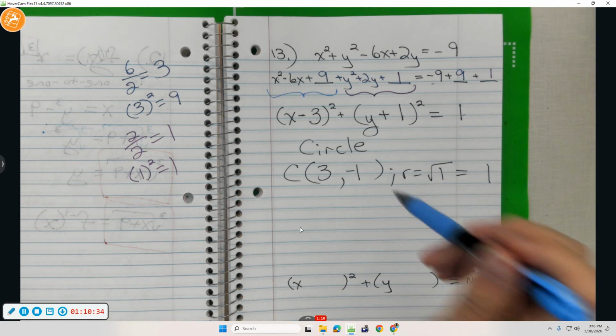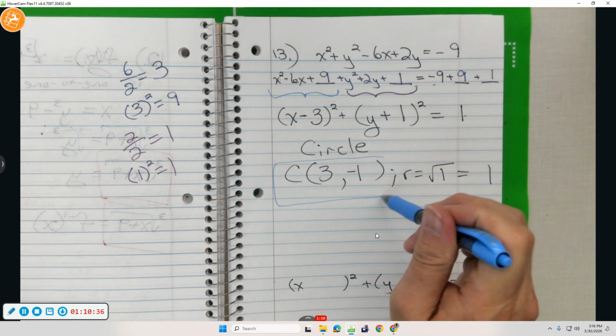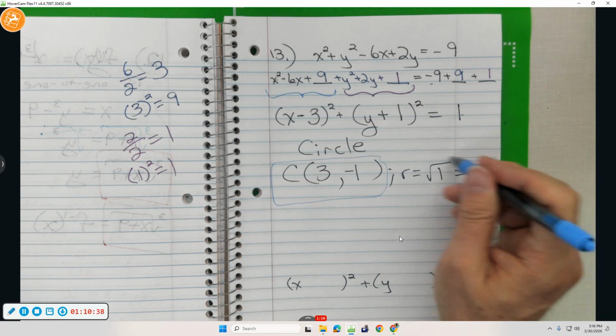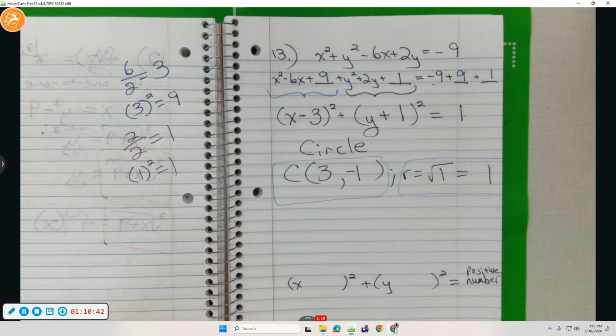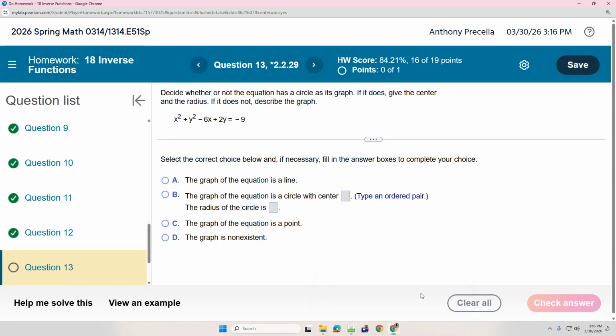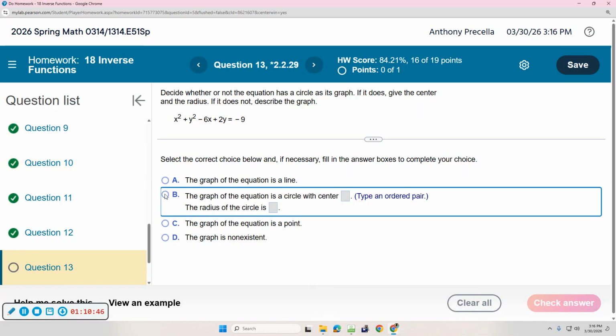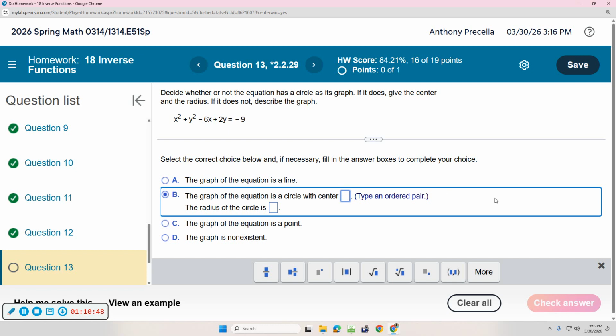Do y'all remember doing that? Yes? I just keep asking y'all that until you answer yes. Okay? Teaching tips. So that would be response B. It's a circle. Gotta put those parentheses. 3, comma, negative 1, right parenthesis. And then the radius is 1.